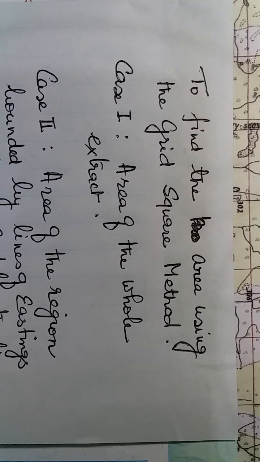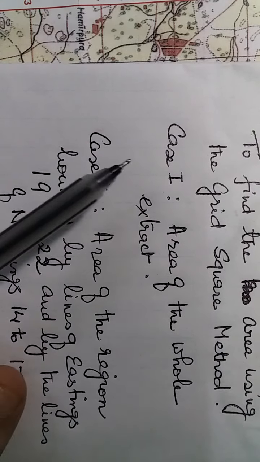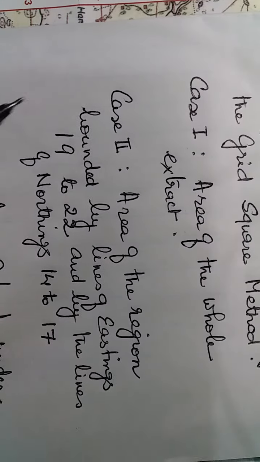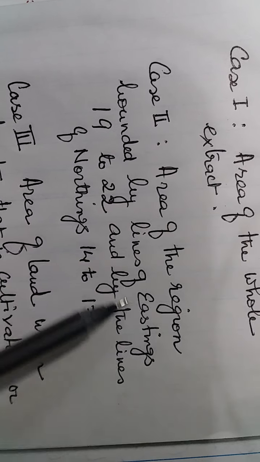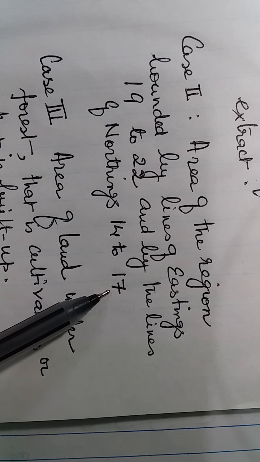In the next module, we will see how to find the area using the grid square method. So I have taken 3 cases here. Case 1, area of the whole extract. Case 2, area of the region bounded by lines of eastings, here I have taken 19 to 22, and by the lines of northings 14 to 17.